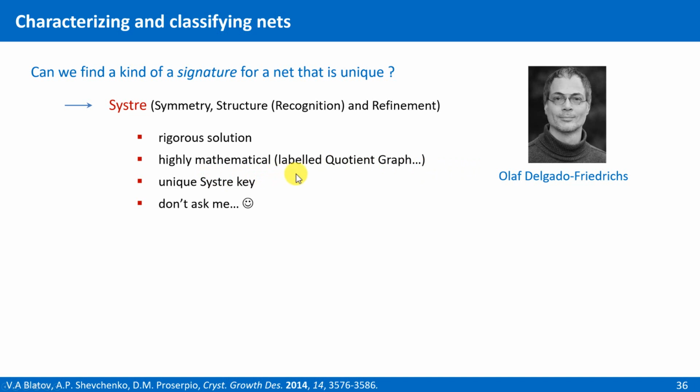It works with complicated things called labeled quotient graphs and so on. But in the end, it generates a unique Systre key, so a key which is characteristic for a net. I know roughly how this program works, but do not expect that I can answer any detailed questions about that.